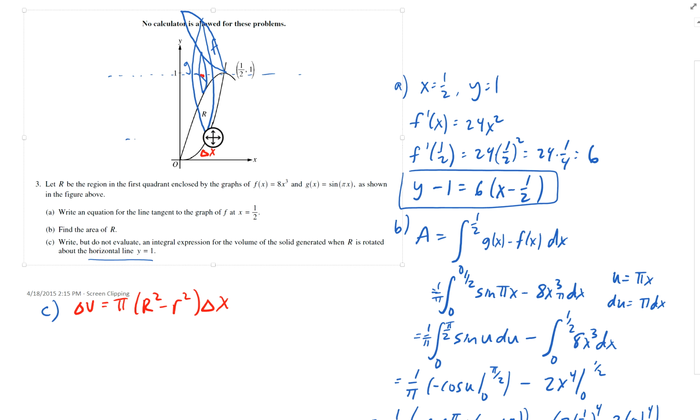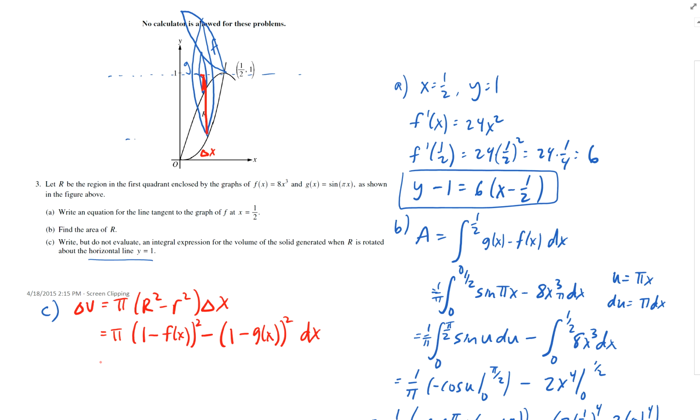So I always draw down to the function. That's my capital R. So capital R is going to be pi times 1 minus, this bottom function is f of x, squared, minus little r, which is this one here, 1 minus g of x squared dx.